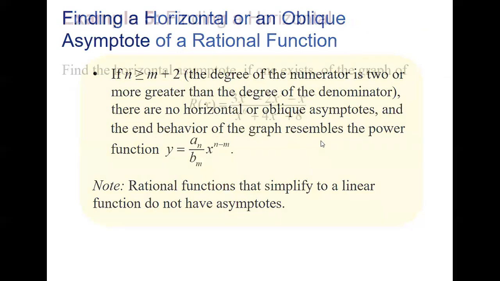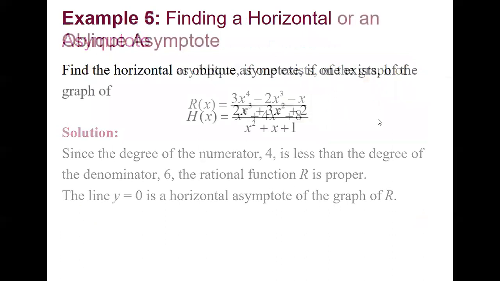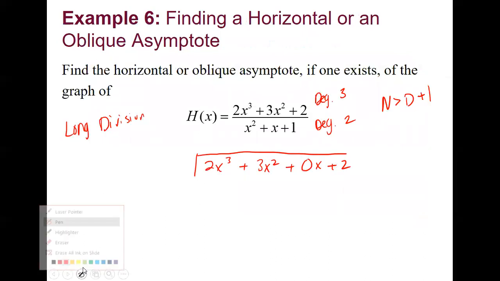Oh, I put greater than. I see what you're saying. I didn't mean to do that. What were we talking about? They're equal. Sorry. The numerator equals the denominator plus 1. Lo siento. I didn't mean to write that symbol. Thank you.